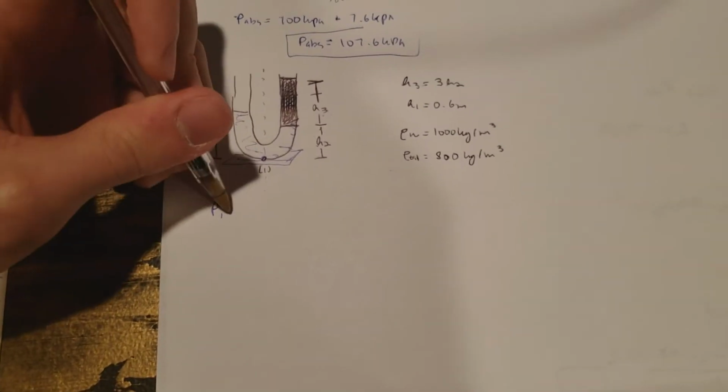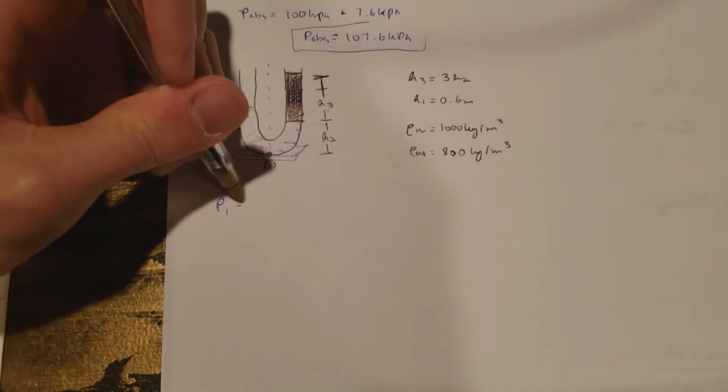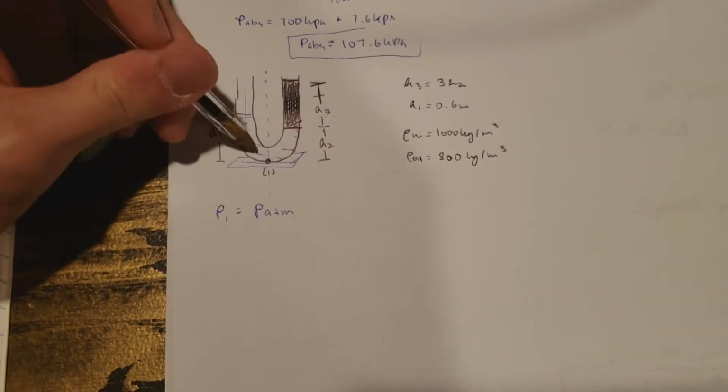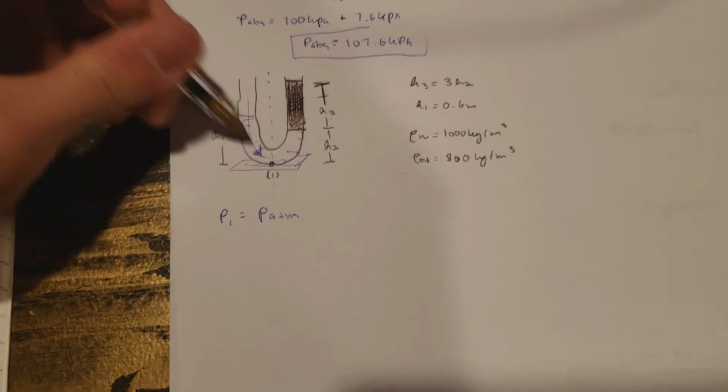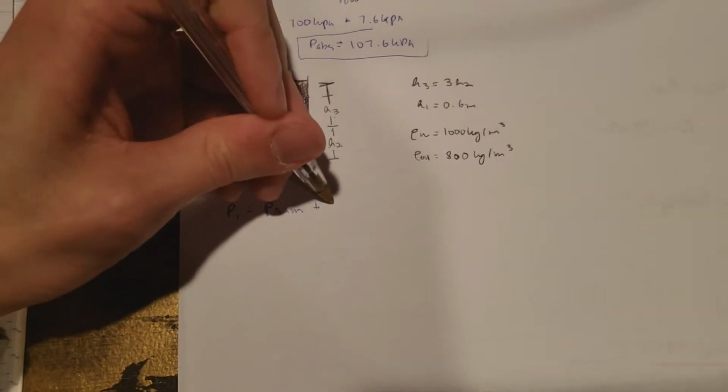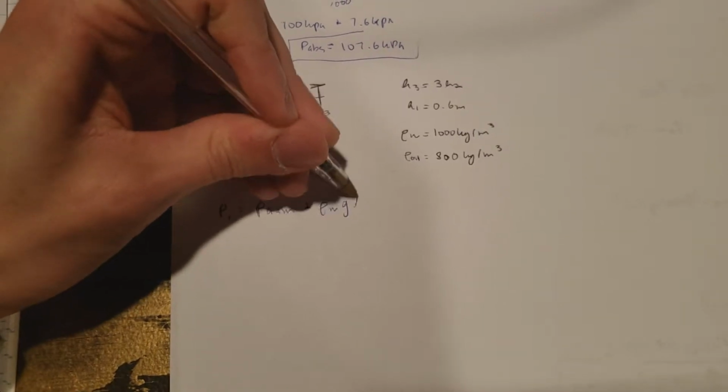Pressure 1, this little dot right here, is equal to atmospheric pressure, and if we go down from here, remember we add as we go down, it's going to be our atmospheric pressure plus our density of water, gravity, and height 1.